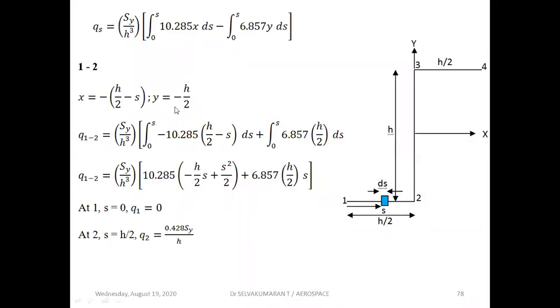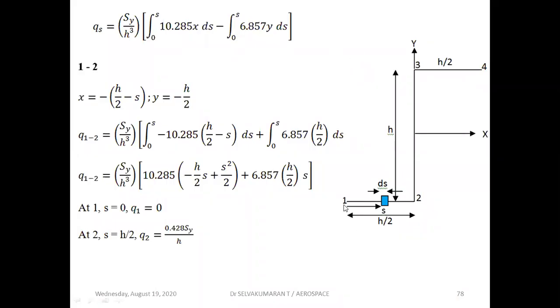Now I have to find the shear flow values at 1, 2, 3, 4, or at C also, no problem, and then plot the shear flow distribution. The question is to draw the shear flow distribution.